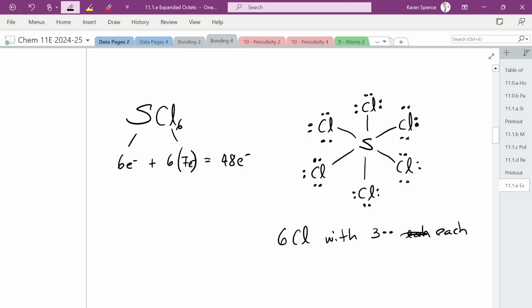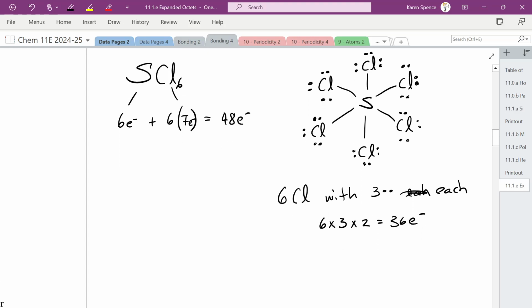That gives us 6 times 3 times 2, which is 18 times 2, is 36 electrons. And then we have 6 bonds, which gives us 12 electrons. 36 plus 12 is 48 electrons. Are we done? Yep.